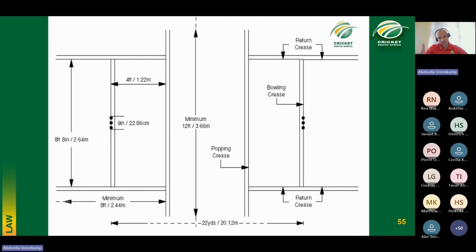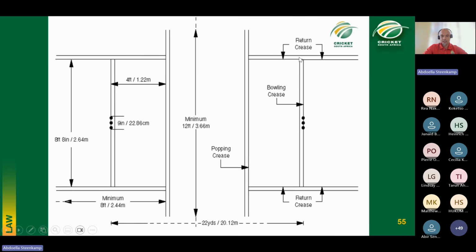So let's start on the right hand side. There we'll see the names of the creases. Here you can see this is where the stumps are pitched. These dots are where the stumps are. So the front line, what is the name of that crease? It's called the popping crease.